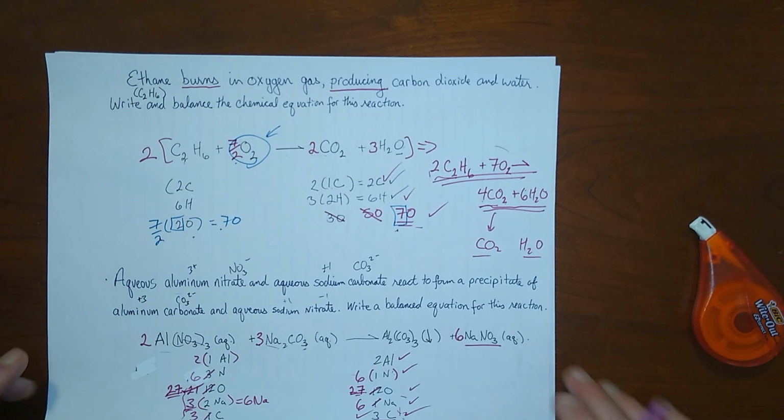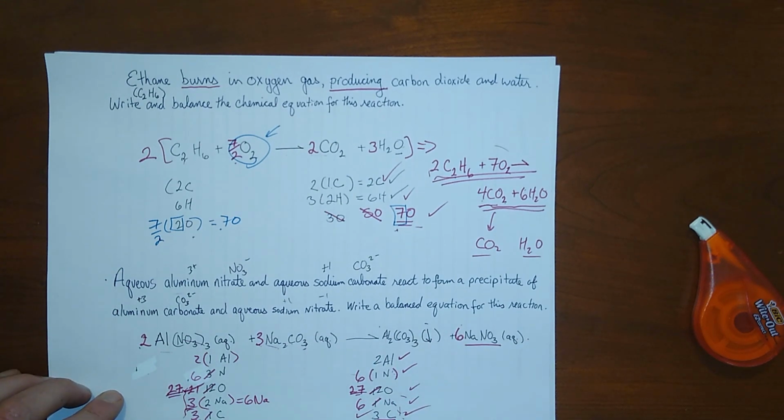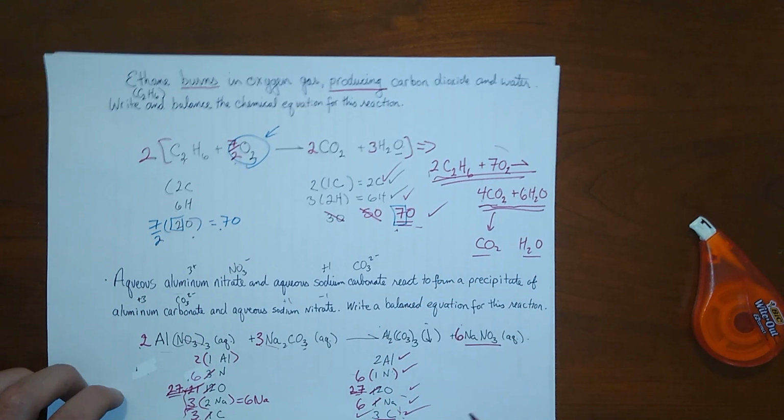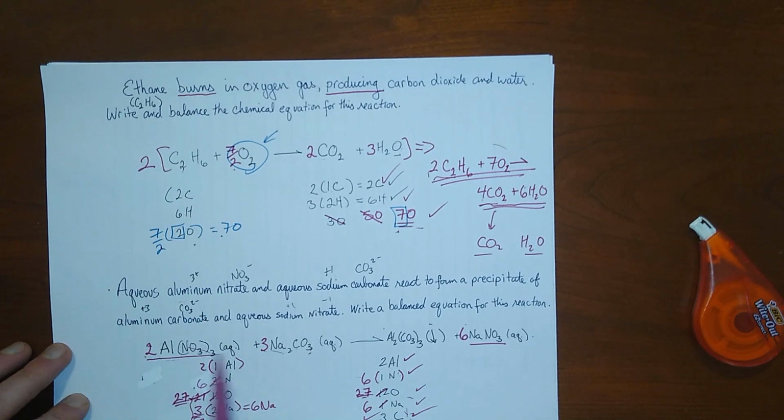Again, we're going to double check a couple of things. We have to make sure, is this the simplest whole number ratio? 2 to 3 to 1 to 6. Well, if it were just 2 and 3 and 6, we could divide all of these by 2. But this single coefficient of 1 here means that, in fact, this cannot reduce any further. So this is as simple as it gets.